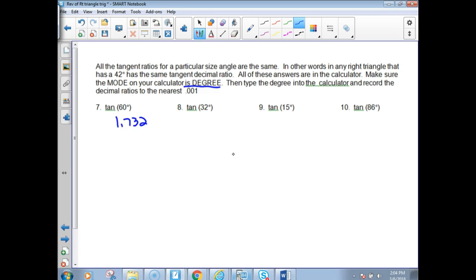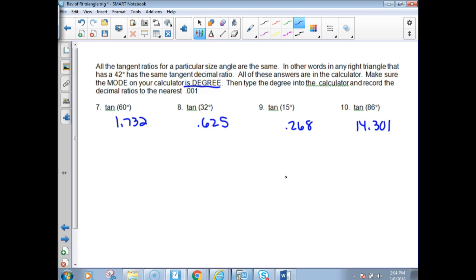Tan of 32, and you can just tell me because it will be a little faster. 0.625. Okay. Actually, I've got them all written down. The next one should be 0.268, and the last one 14.301.